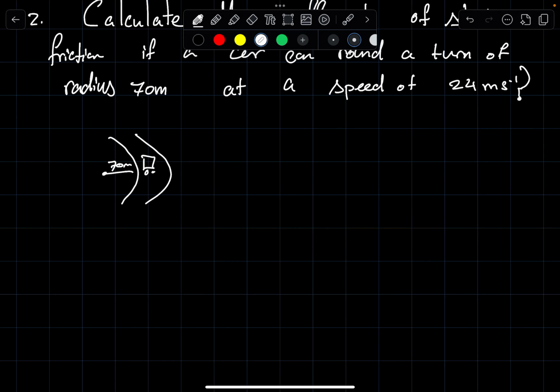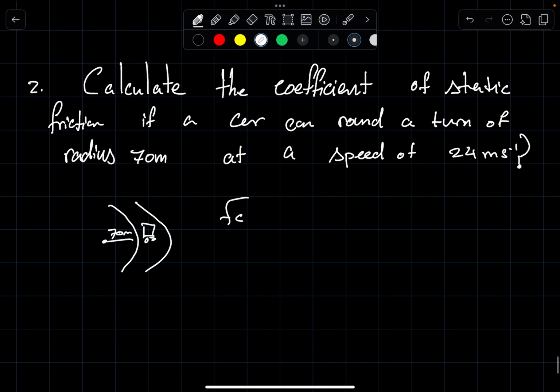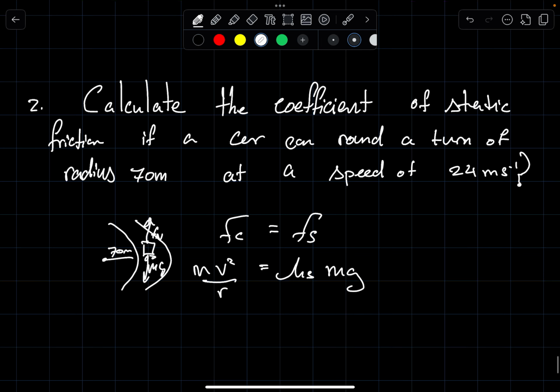Here's our car, right? Again, centripetal force is going to be equal to the force of static friction, which is mu s times mg. Same case, flat surface, so the normal force is equal to mg, which equals mv squared over r.